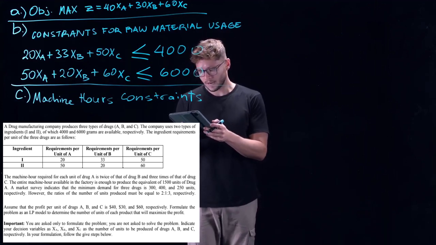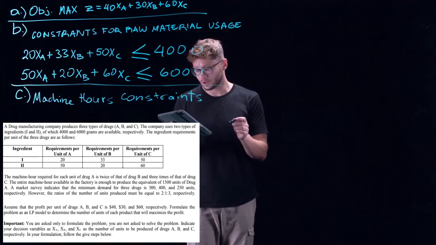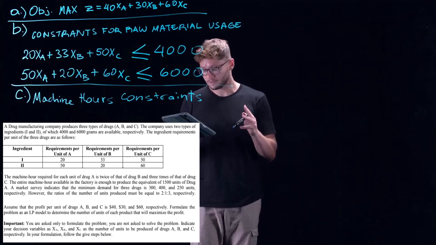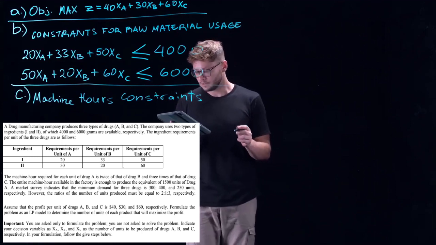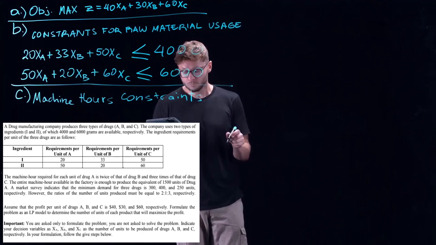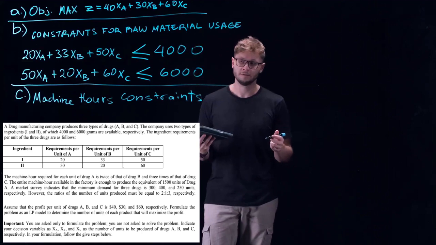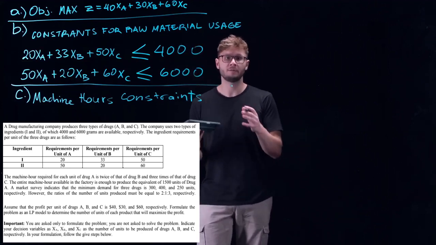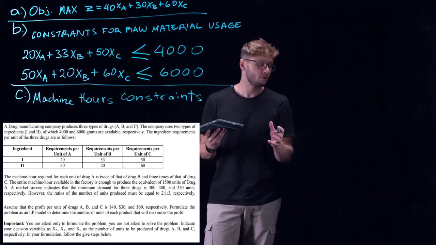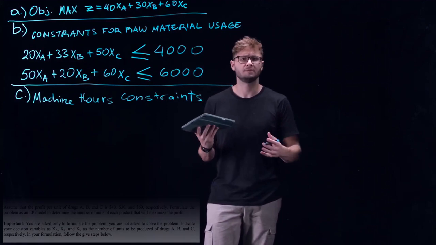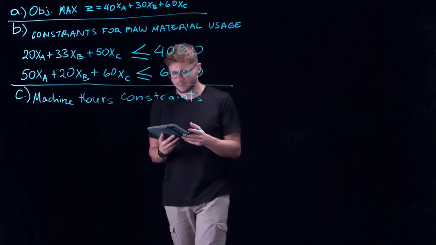And since the time required for a unit of drug A is twice that of drug B and 3 times that of drug C, we can deduce that in the time it takes to make 1 unit of drug A, we can make 2 units of drug B and 3 units of drug C. So we're using relative amounts of units produced instead of actual time, as in seconds and minutes per unit. So let's go ahead and tackle this part.